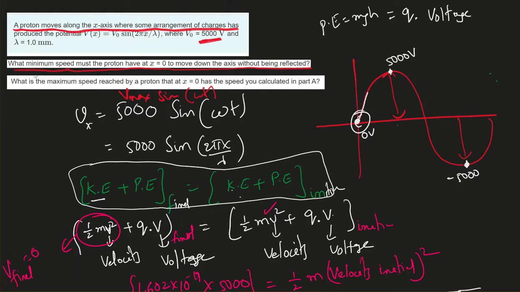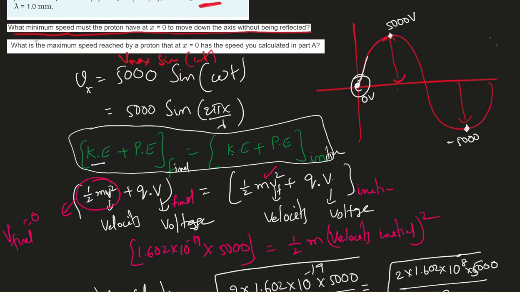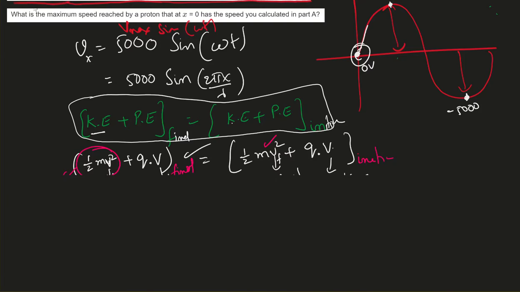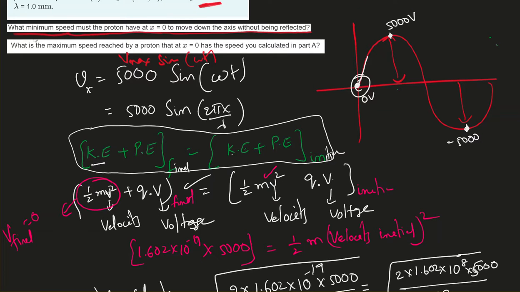Now kinetic energy final is half m v squared final, that's a velocity, and q times V final. By the way, this is final, this is initial, sorry. So he said move down the axis without being reflected, right?